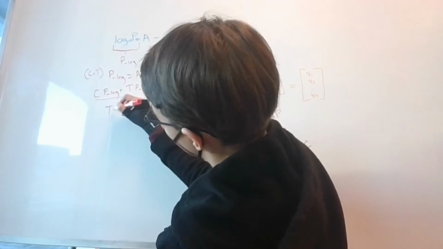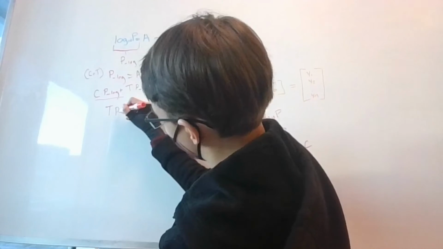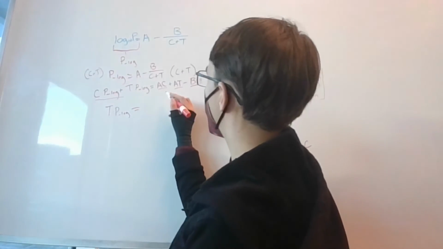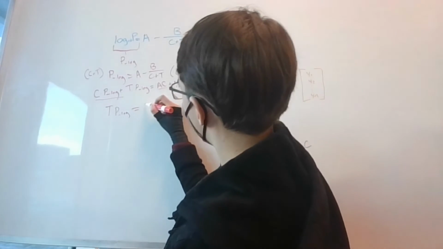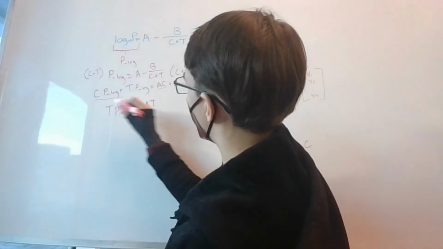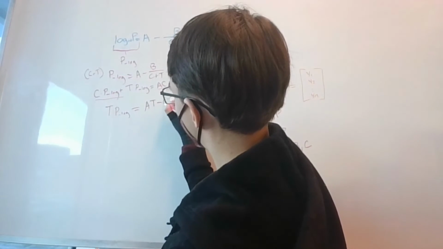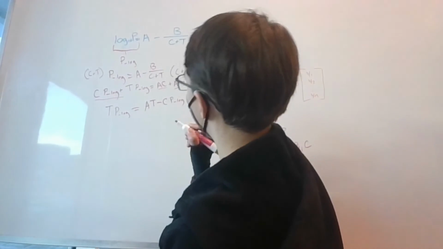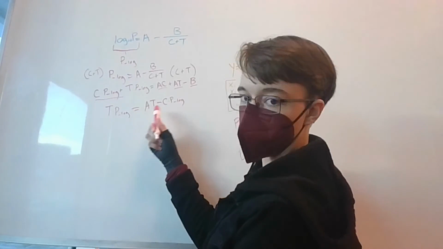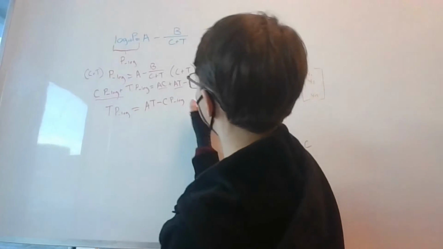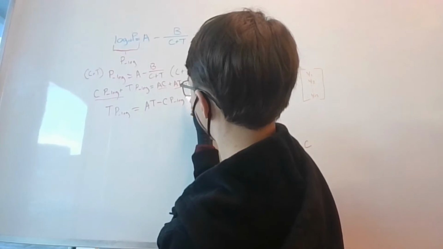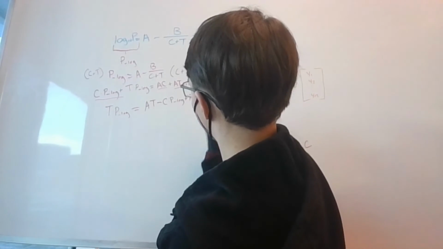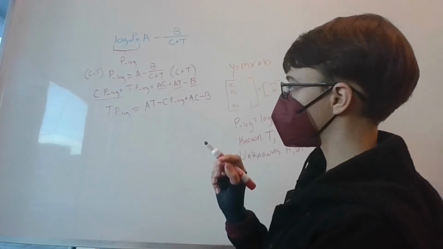We have T, or the temperature times the logarithmic pressure is equal to, okay, so we're going to take AT, and then we're going to have minus C P, or logarithmic pressure, just so we can have the two with known terms in them next to each other. And then we need plus AC minus B. Alright. So we're getting closer.